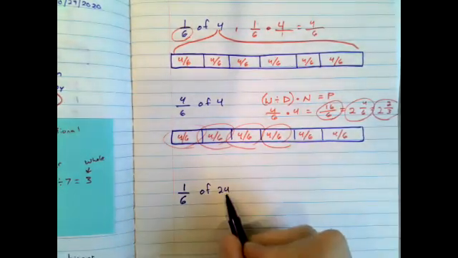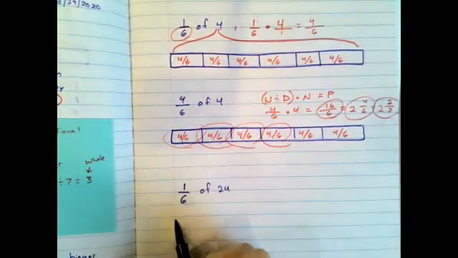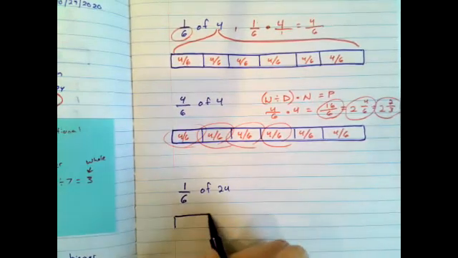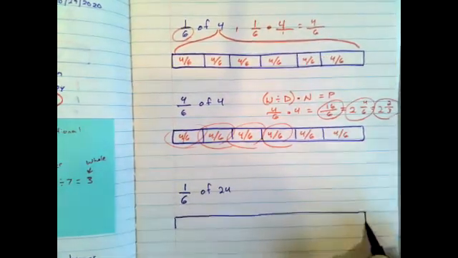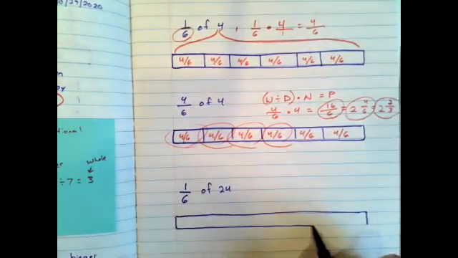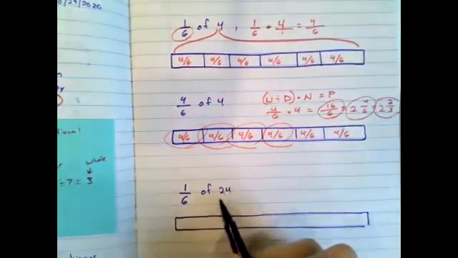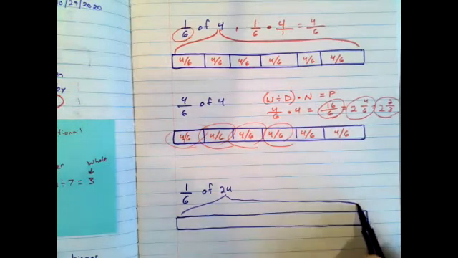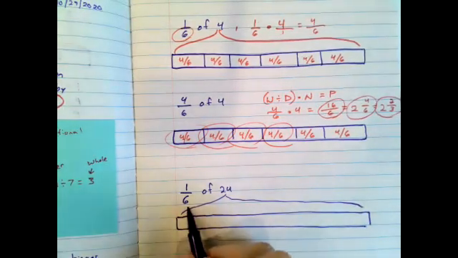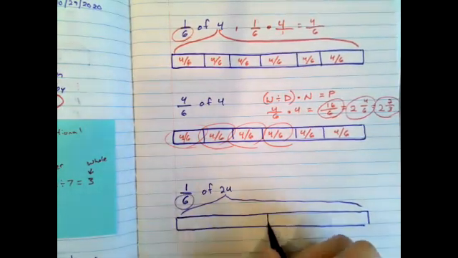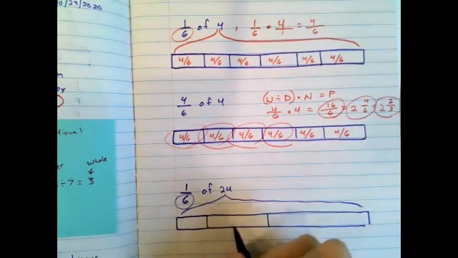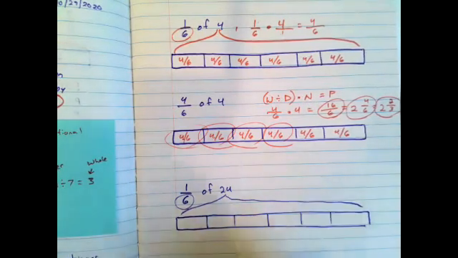So now my bar is worth what? Here my bar was worth 4. Here my bar will be worth 24. How many pieces? 6. Let's split it up. 1, 2, 3, 4, 5, 6 pieces.